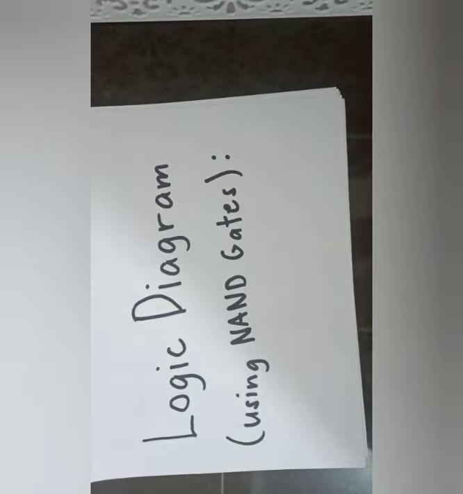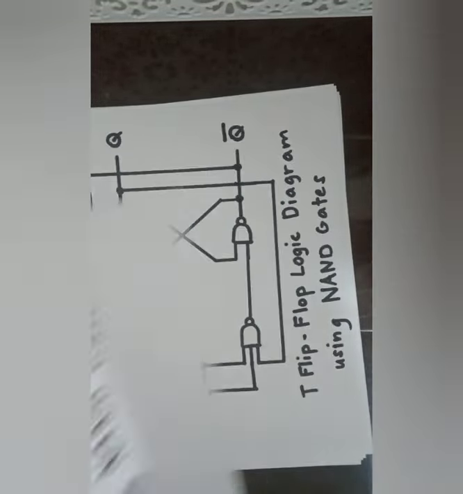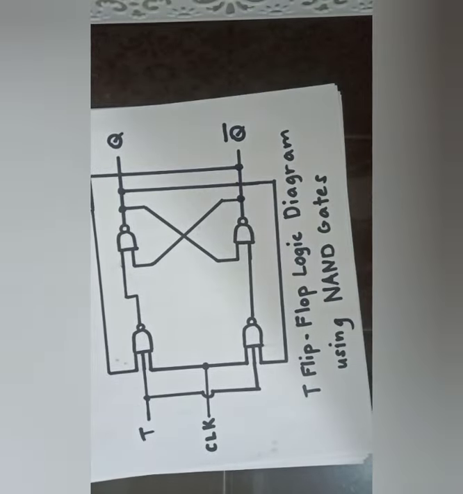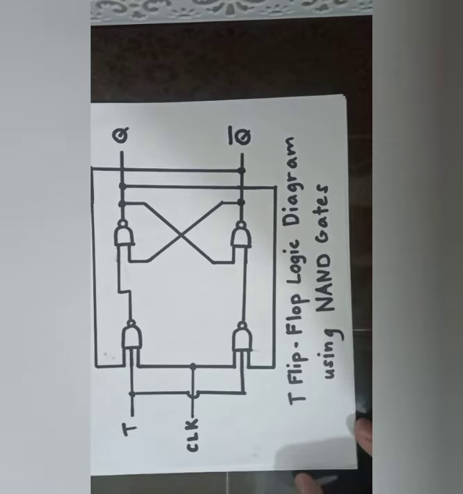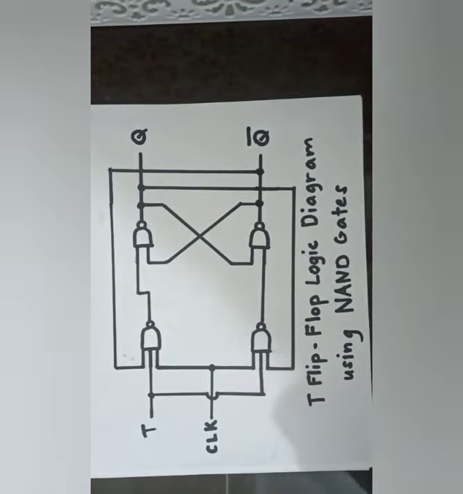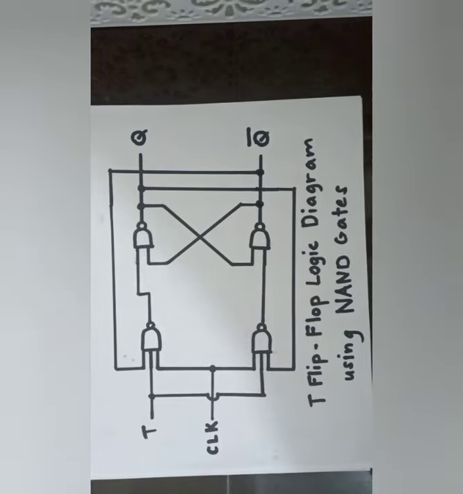Next is our logic diagram using NAND gates. Here is our T flip-flop diagram using NAND gates. In our diagram, we have two 3-input NAND gates and two 2-input NAND gates.